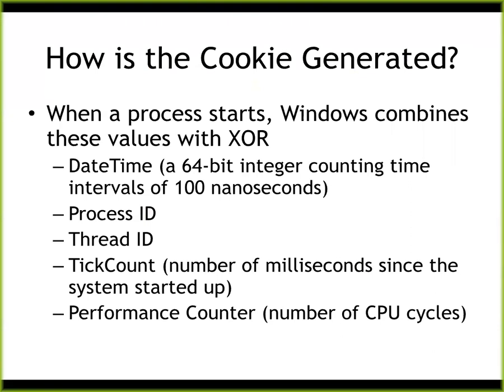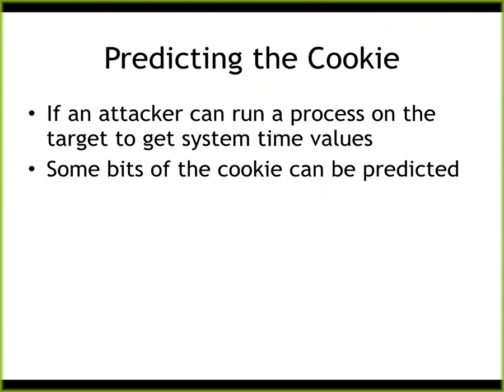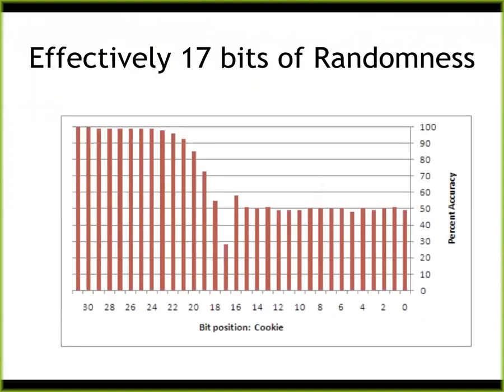So here's what it tries to do. Counting the time interval in small units, taking the process and thread ID and performance counter and so on. And so if you can run a process on the computer, on the server, like infect it with something, and get a time measurement that's accurate, then you can learn a lot of those values. And that takes the randomness out of it.